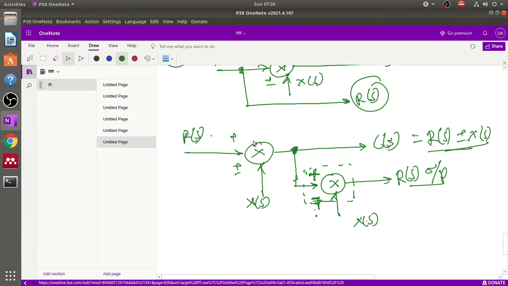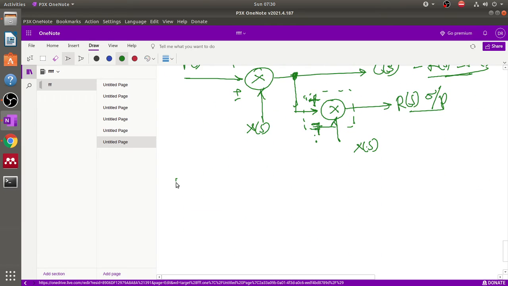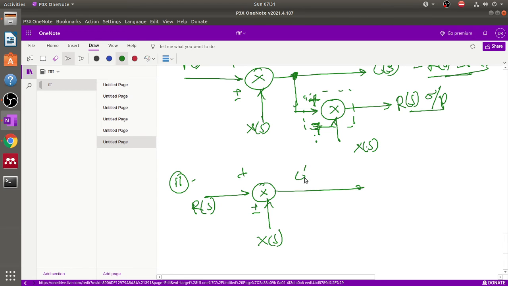Okay, now next is number 11. This is also very important. Shifting of a takeoff point from a position after a summing point to a position before the summing point. Okay, now the main problem is that this is our block. Here we apply our signal Xs, here we apply Rs, and now here we get the signal Rs plus minus Xs, and here also you get the same output.